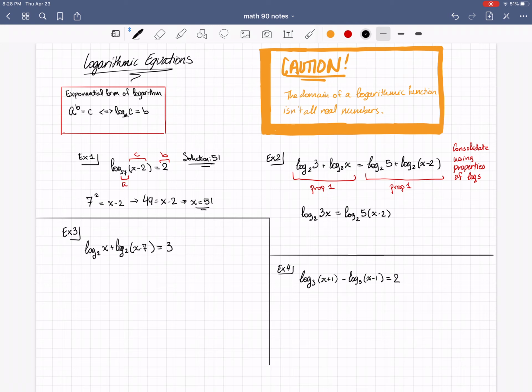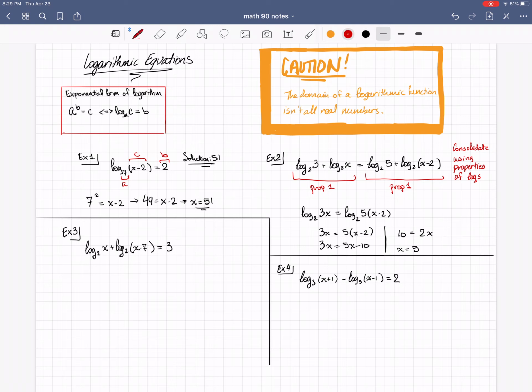So if the log of two things is equal, that must mean that the two things are equal to each other. At this point, we have a linear equation, right? So we can distribute. So 3x is 5x minus 10. Now we can subtract 3x from both sides and add 10 to both sides. So we get 10 is equal to 2x, so x is equal to 5.